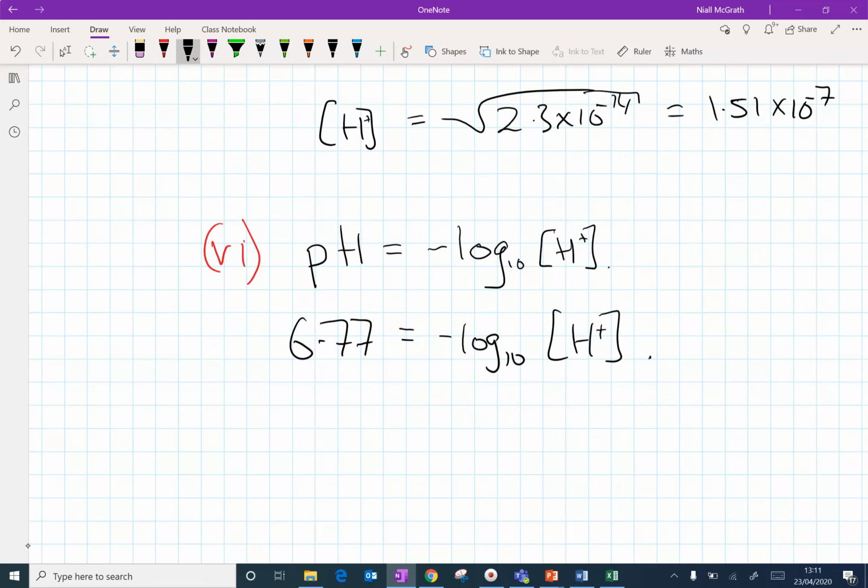All you have to do to find the antilog on your calculator is press shift and then press log. What will come up will look like basically 10. Because it's minus log to the base 10, you type in minus 6.77. That is your antilog, it's called.